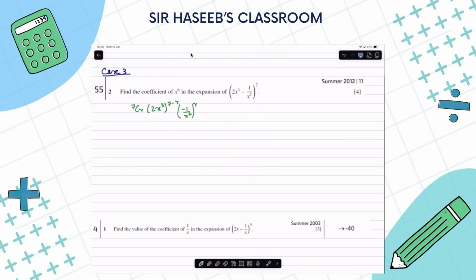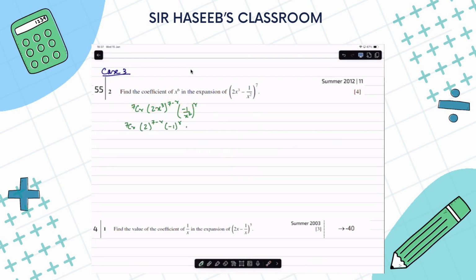So now what we are going to do is separate the coefficients and the variables. So 7CR is a coefficient, 2 power 7 minus r is a coefficient, minus 1 power r is a coefficient. They are all coefficients.